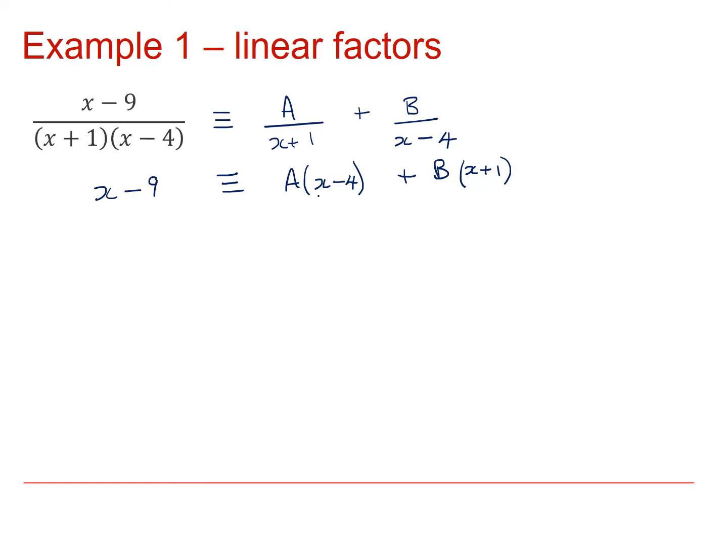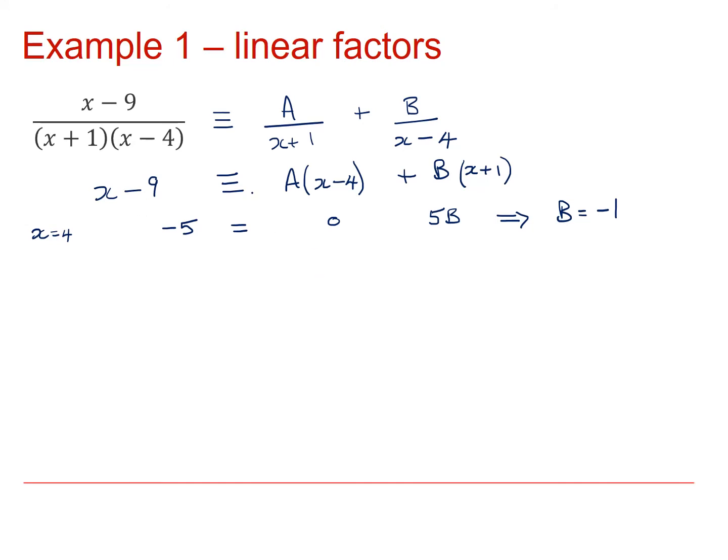In particular, a value of x equals 4 must work, and that will have the effect of zeroing out this first part of the expression. So if I look at what happens when x equals 4, my left-hand side is just minus 5, and my right-hand side is 0 from this bit and 5b from here. So this means I must have that b is equal to minus 1.